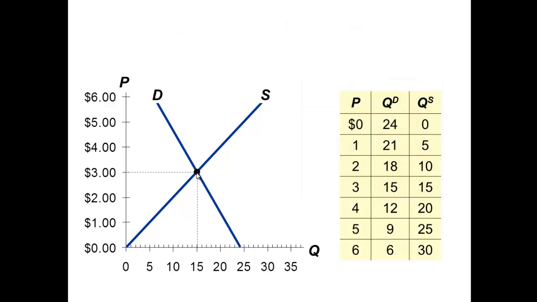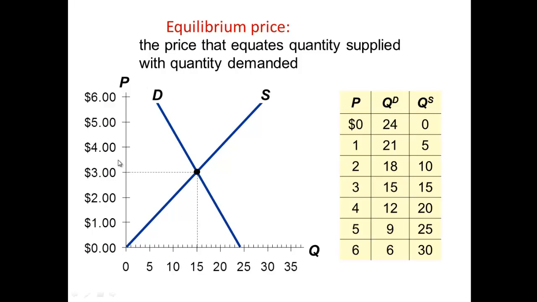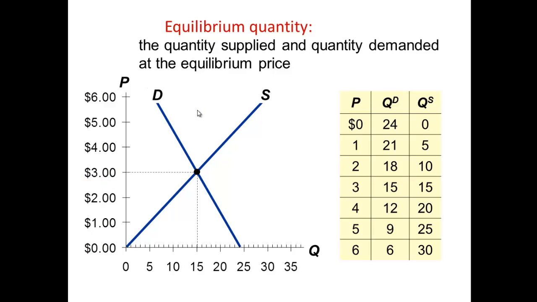When they agree on a set price, we call that the equilibrium price. According to this example, the equilibrium price is $3, and the equilibrium quantity, or the agreed quantity, is 15.